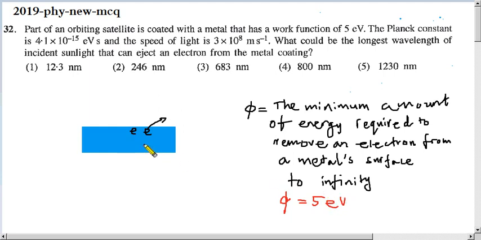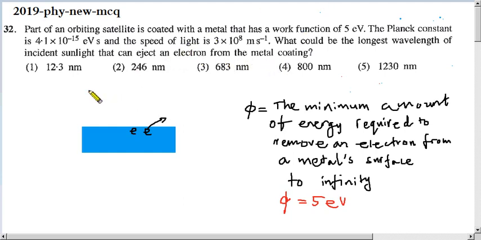To break the bonds of this electron and let it liberate from this metal, the minimum value, that is called work function. So what they ask us to find out is what could be the longest wavelength of incident sunlight that can eject an electron from the metal coating.